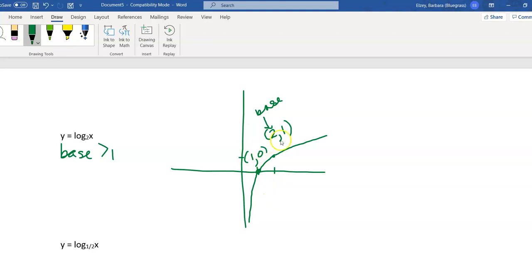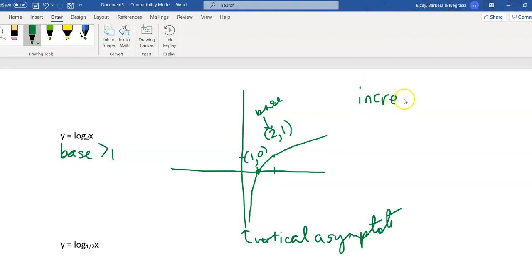Now let's notice some features of this graph. First of all, of course, these 2 points, we've noted those, but we have a vertical asymptote of the y-axis. We also have a graph that is increasing.